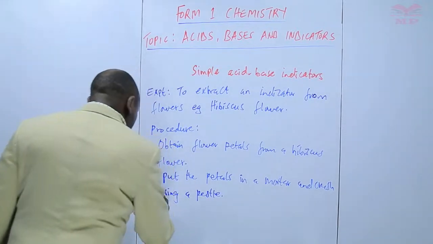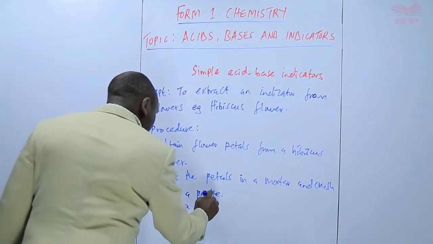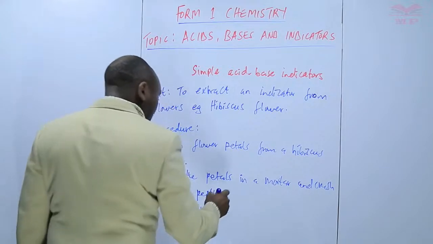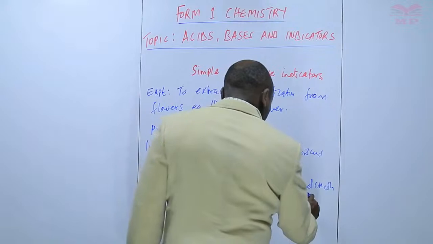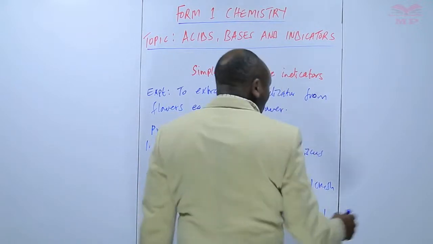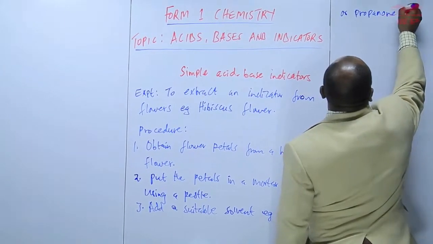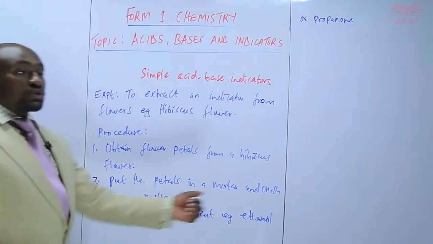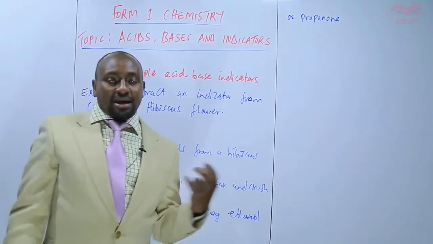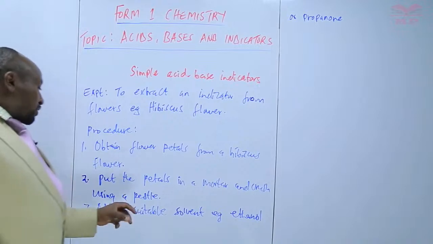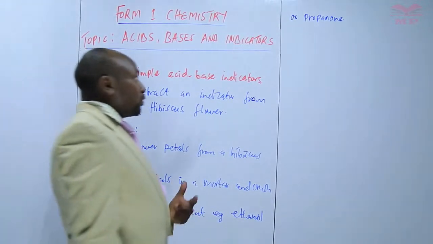And then the next step, add a suitable solvent, e.g. ethanol or propanol. Ethanol and propanol, they are good solvents because they can dissolve the color. They can be used to extract the color from those flowers. So once you crush, as you crush, you add a solvent as you continue crushing.